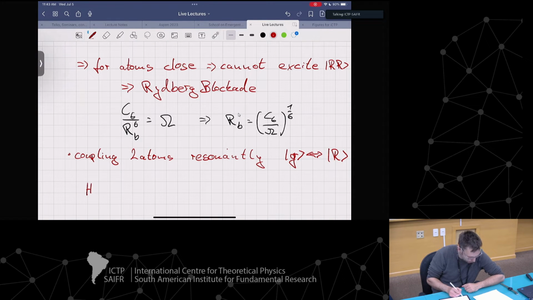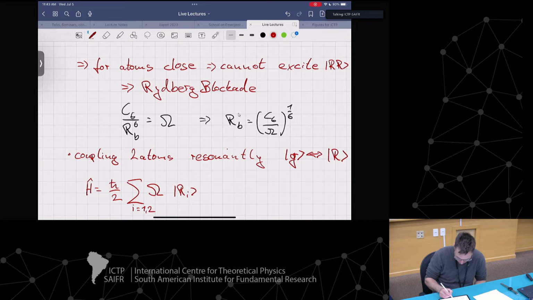So the Hamiltonian for this, we're driving on resonance. There's some ħ. We have some Rabi frequency omega, and now we have coupling. I have two atoms, i and j, or 1 and 2.